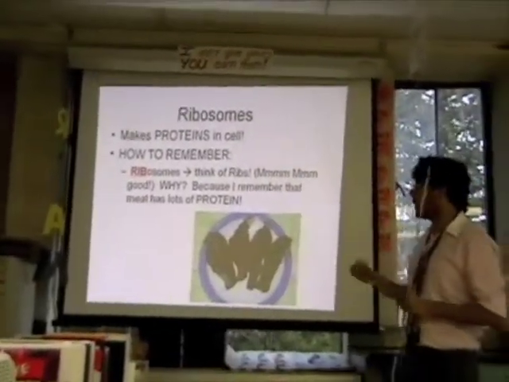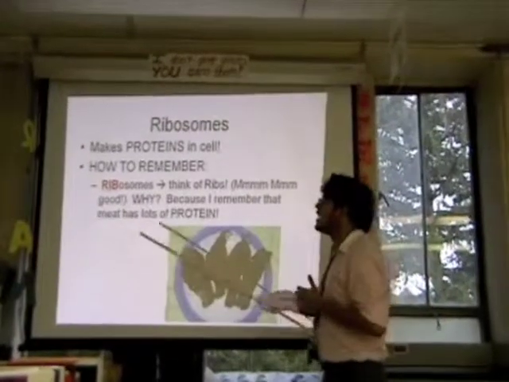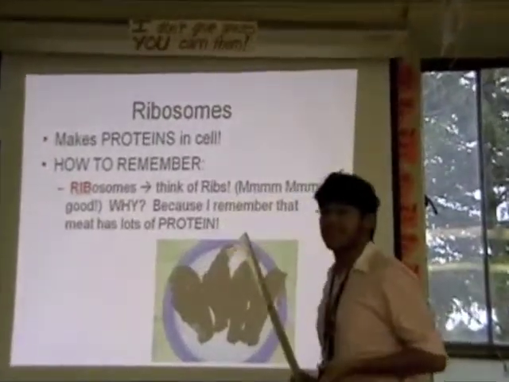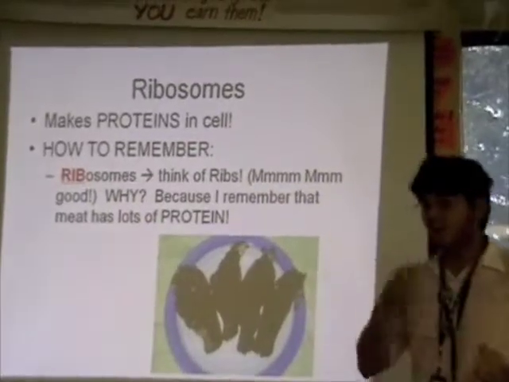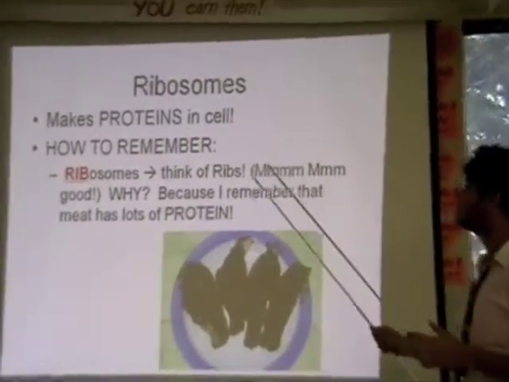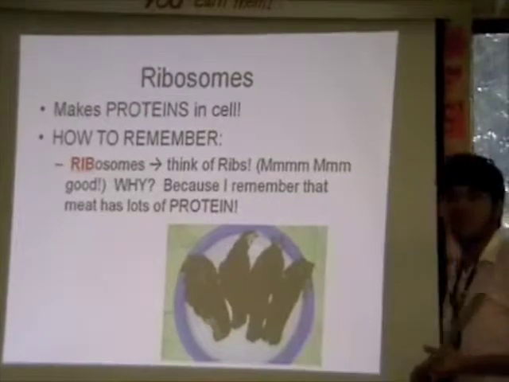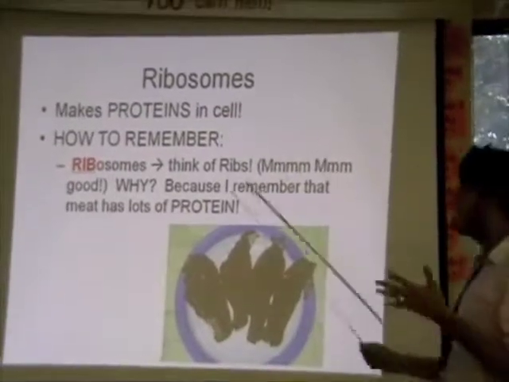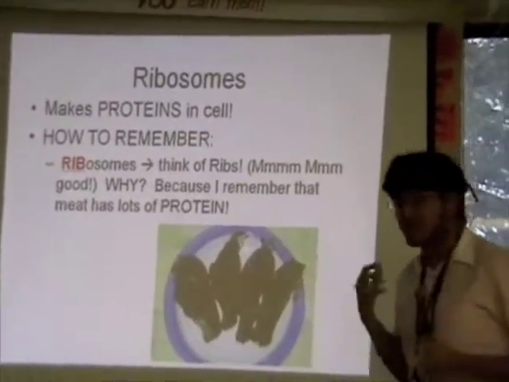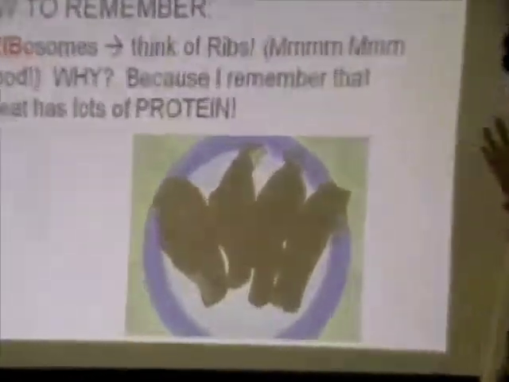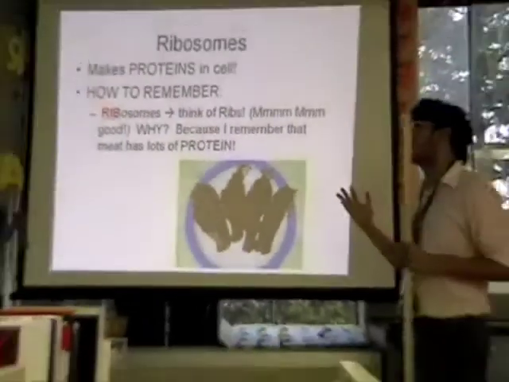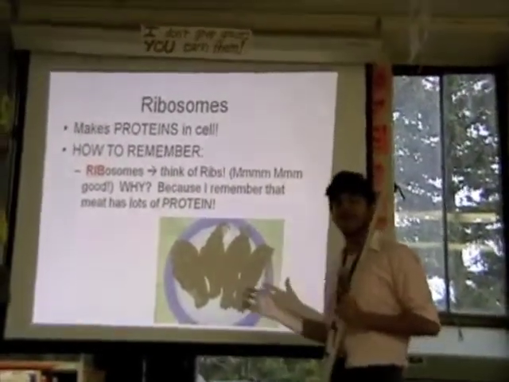The way I remember is I love to eat. So I know that my ribs, when I eat them, have protein in them. I know that meat has lots of protein, and I know ribs are meat. So I like to think of ribs, it's very, very good. And I'll always remember that meats have protein, so I know ribosomes must make that protein. So that's the strategy that I use to remember that ribosomes make my proteins.